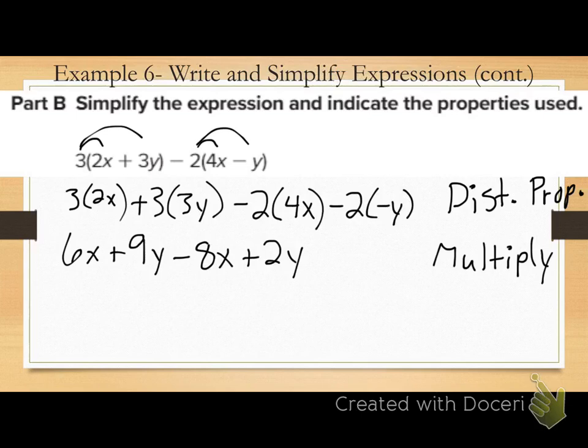No. Associative is where I group them together with parentheses. It starts with a C. Commutative. Got it.